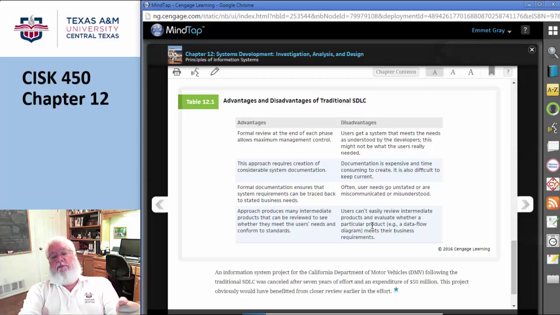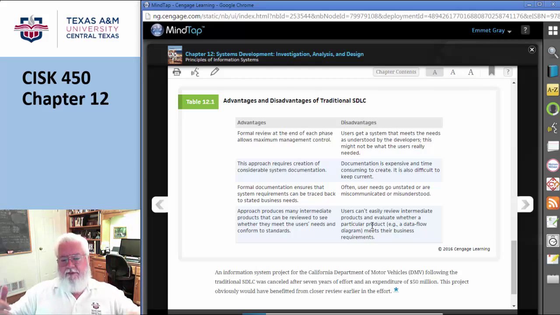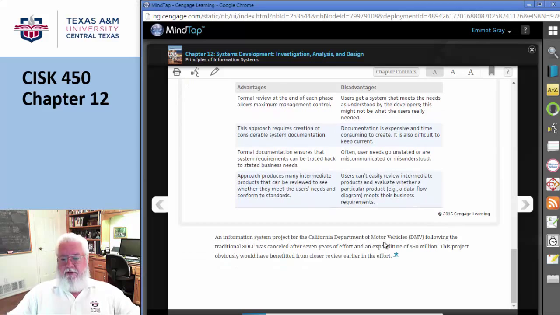They can look at it and go, it doesn't mean anything to me. So there are some disadvantages and there are some alternatives to using the SDLC. They talk about this cautionary tale about how companies have fired up a traditional setup, spent millions of dollars, and then finally said, to heck with it, and kind of passed it off.